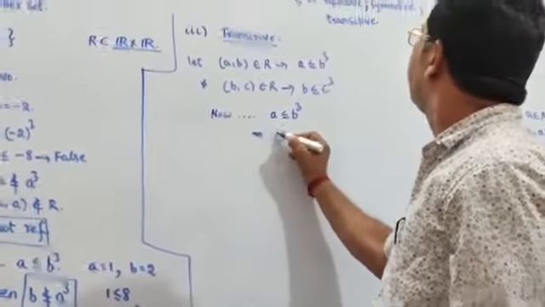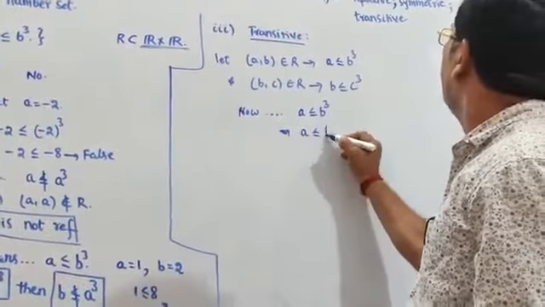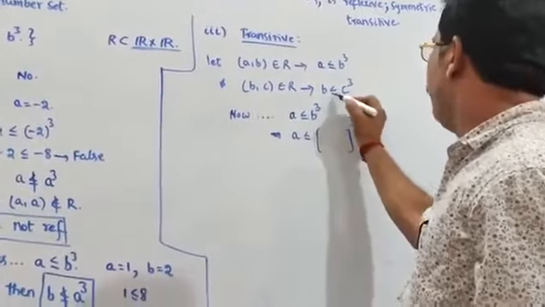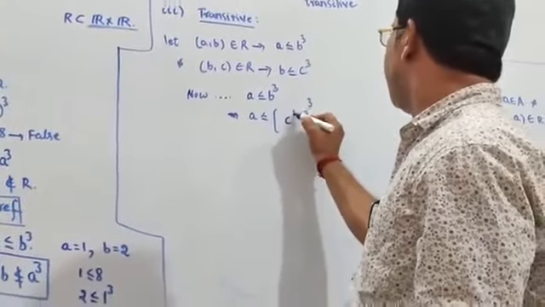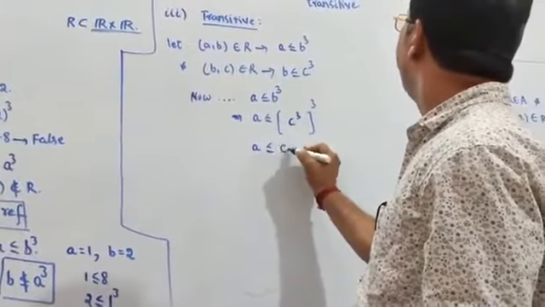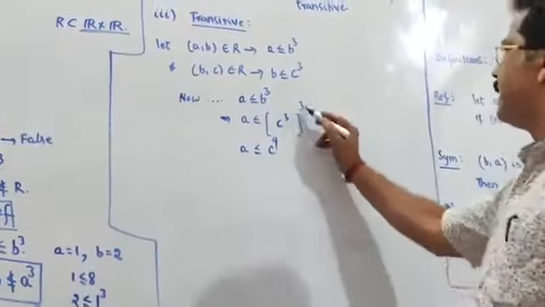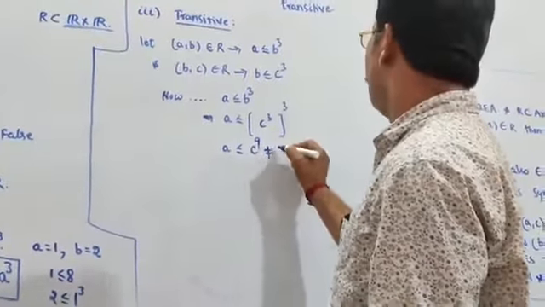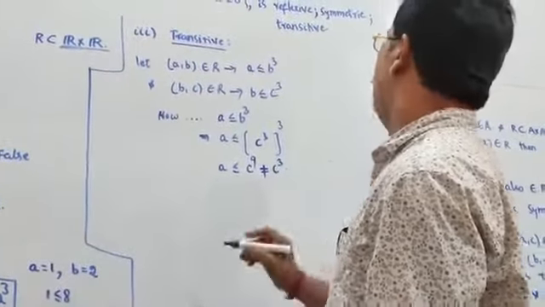That implies A is less than or equal to (B cubed) cubed. Same, B is less than or equal to C cubed. So A is less than or equal to C to the power 9, since 3 times 3 is 9. That is not equal to C cubed.